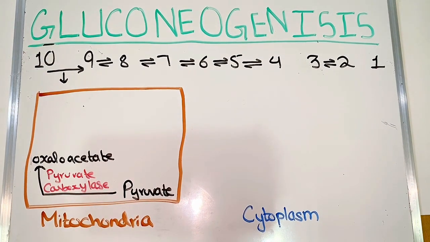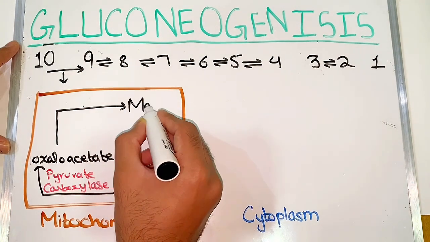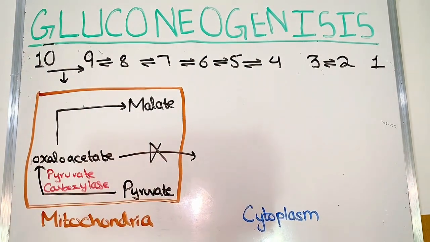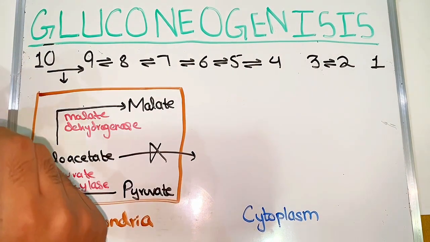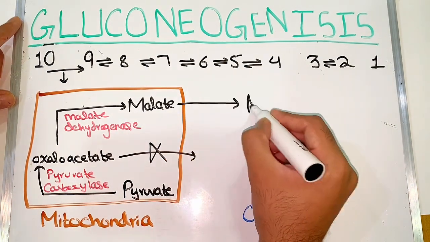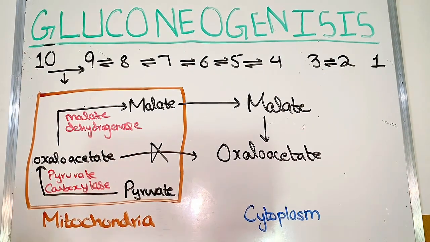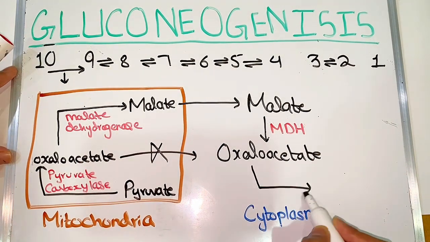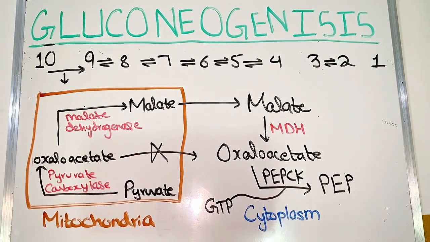As oxaloacetate cannot go from mitochondria to cytoplasm, it converts itself into malate by the enzyme called malate dehydrogenase. Now malate can go from mitochondria to cytoplasm. After going into the cytoplasm, malate converts itself back into oxaloacetate by the same enzyme, malate dehydrogenase. Oxaloacetate will convert itself into the second product of gluconeogenesis, which is phosphoenolpyruvate, by enzyme PEPCK and addition of GTP.